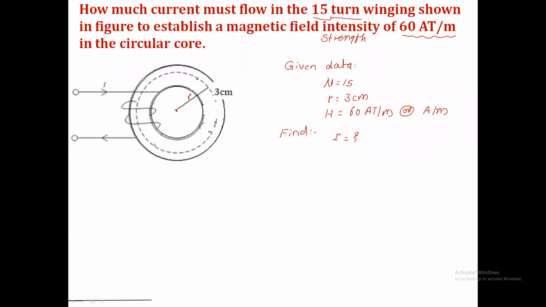Yes or no? When on that circular path the wire is wound in a number of turns, it is called a solenoid. Is it right? It means this diagram acts like a solenoid. And we know that in terms of solenoid, what is the formula for magnetic field strength?